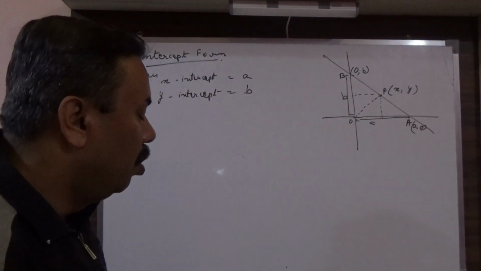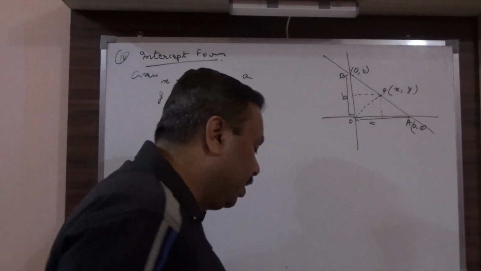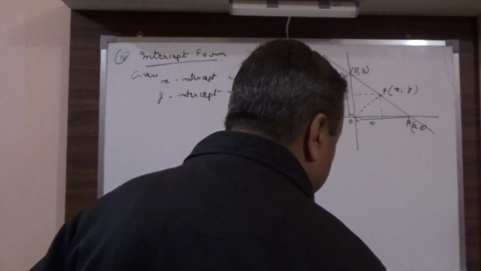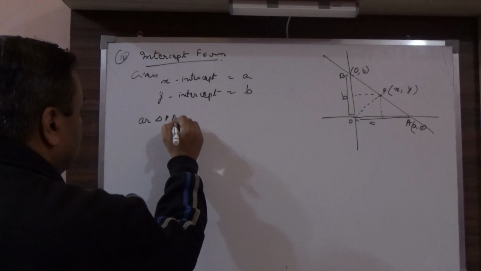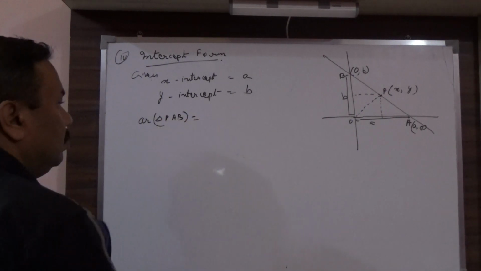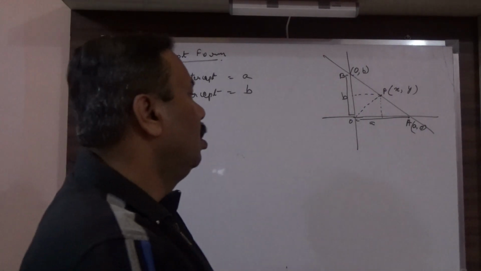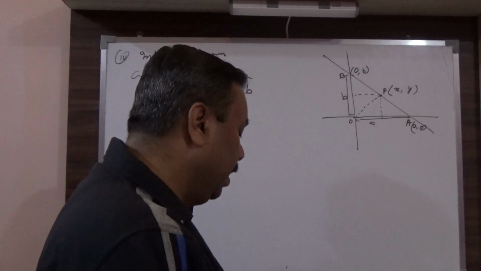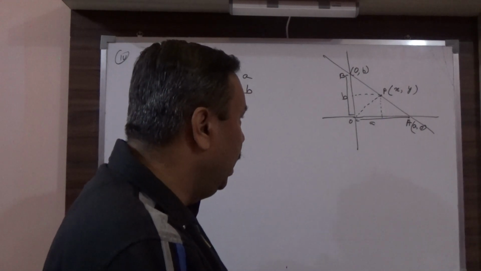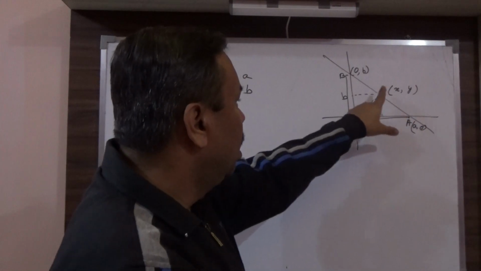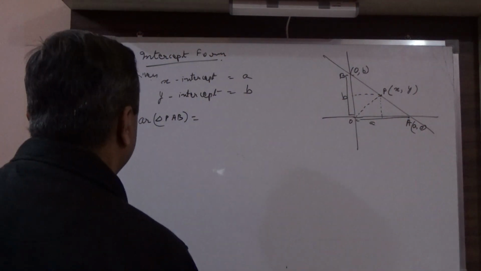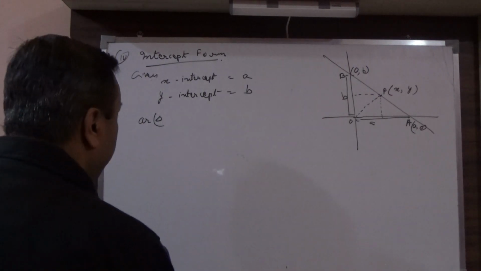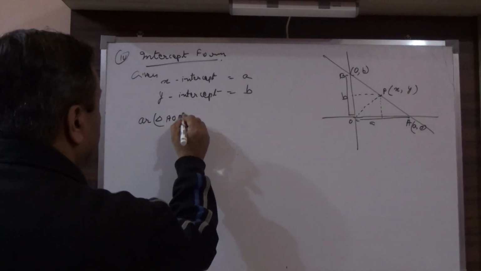Now what will be the area of triangle AOB? I should write AOB, not PAB.